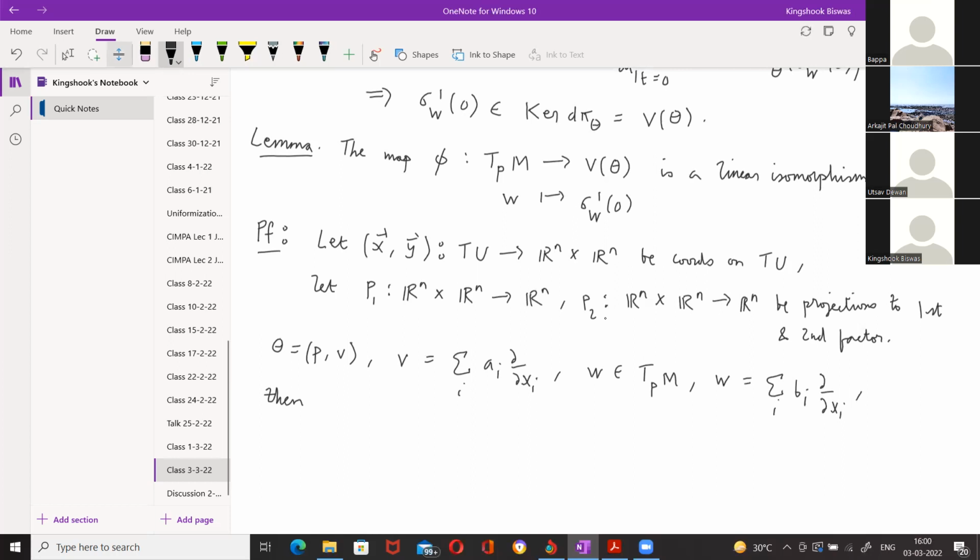Let me call this coordinate map capital phi.